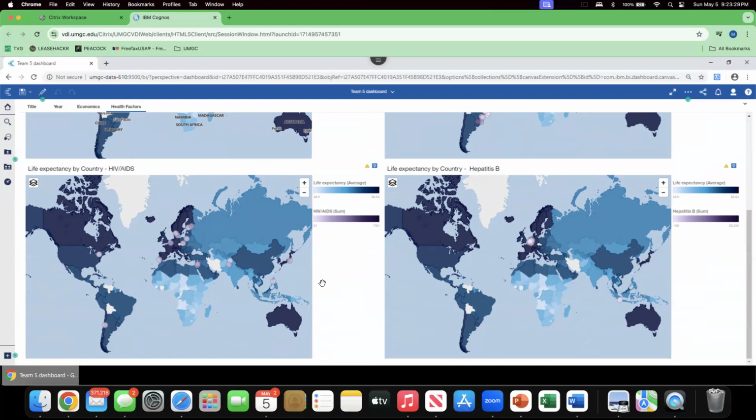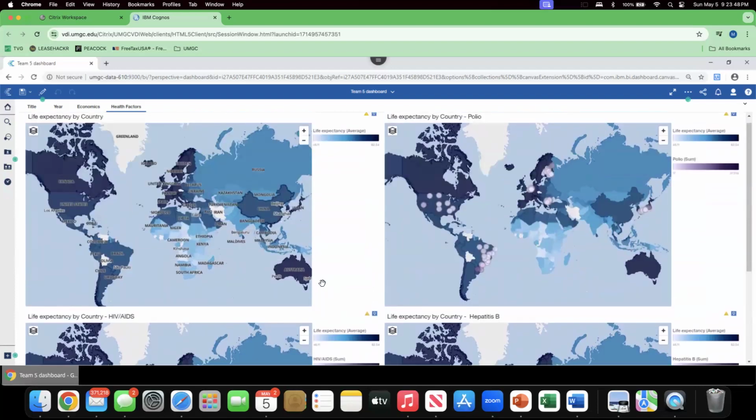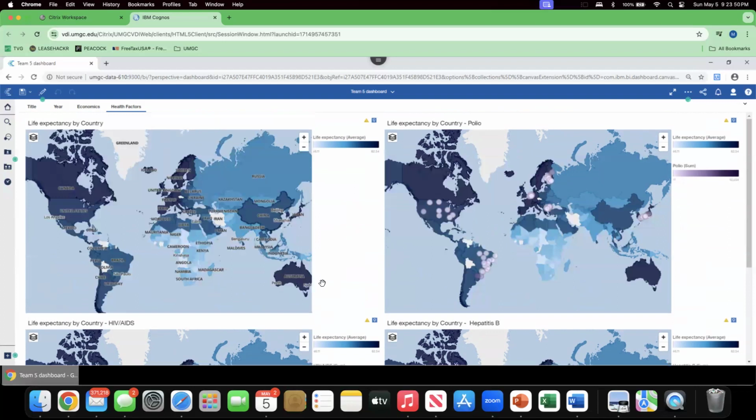And I know this is probably not a wow insight, but the better the healthcare, the better information that people have, the better the outcome. So essentially, the places where you have less disease, you're going to have better outcomes.